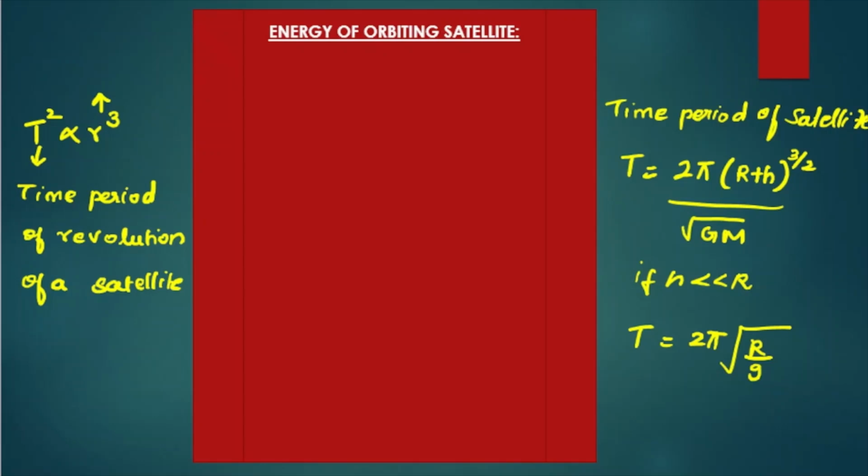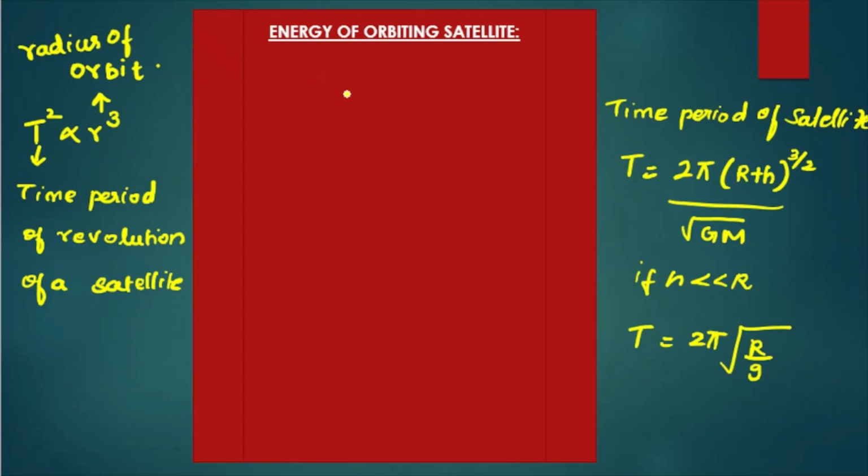Clear? This is a very important formula we use in most cases for solving a variety of questions. So remember this formula carefully. T square is directly proportional to R cube, where R is the radius of the orbit.